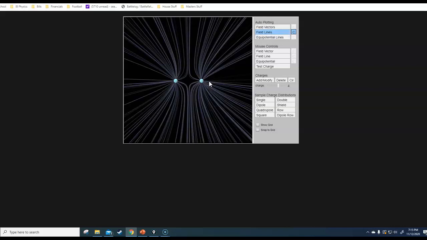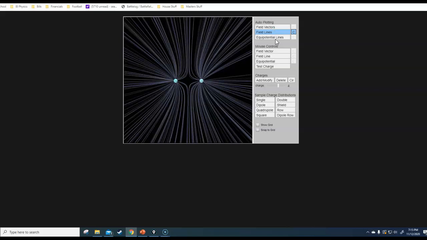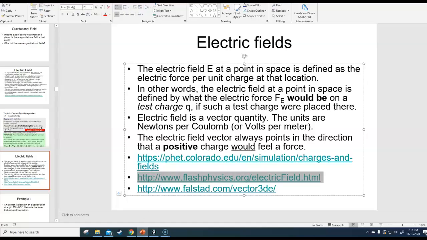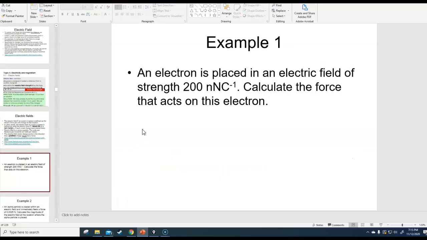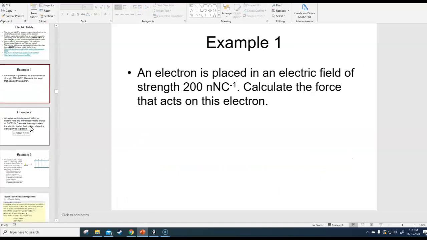This is just 2 positive point charges creating an electrical field. Here we have, my simulation has crashed. That's not good. Alright, well, anyway, let's do some basic calculations and finish up this video.